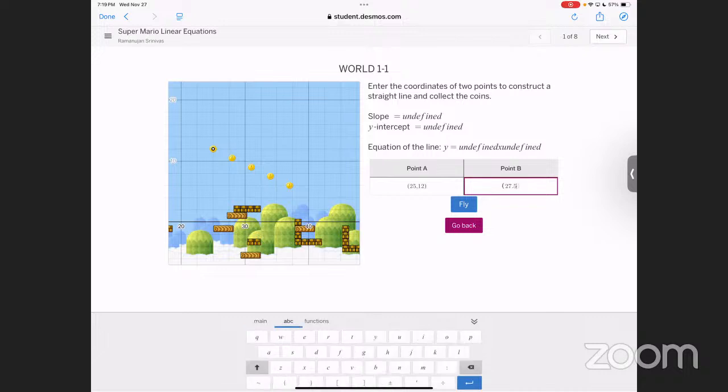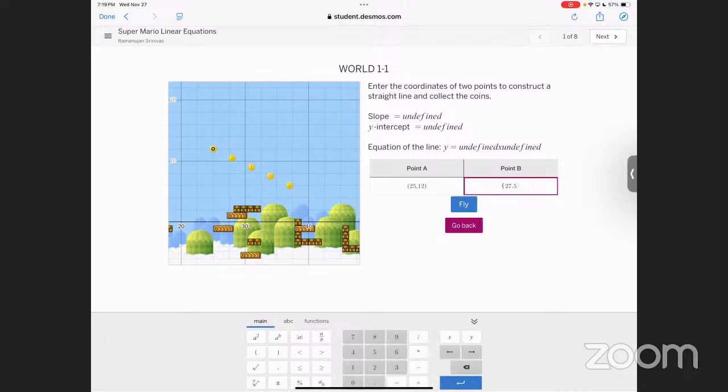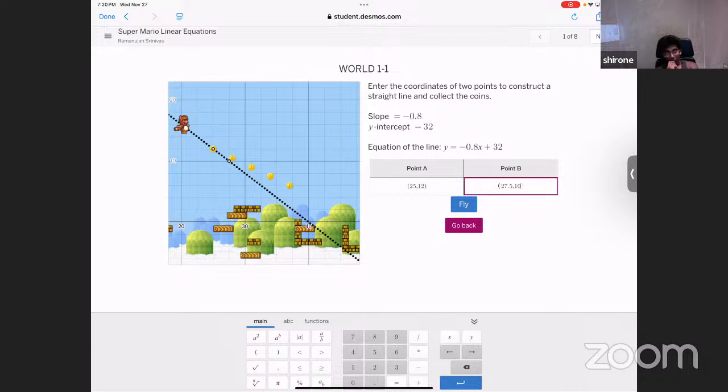27.5, comma, what's the point? 1, 2, 3, 4, 5, 10. Almost close. Do like 10.3. Does that work?